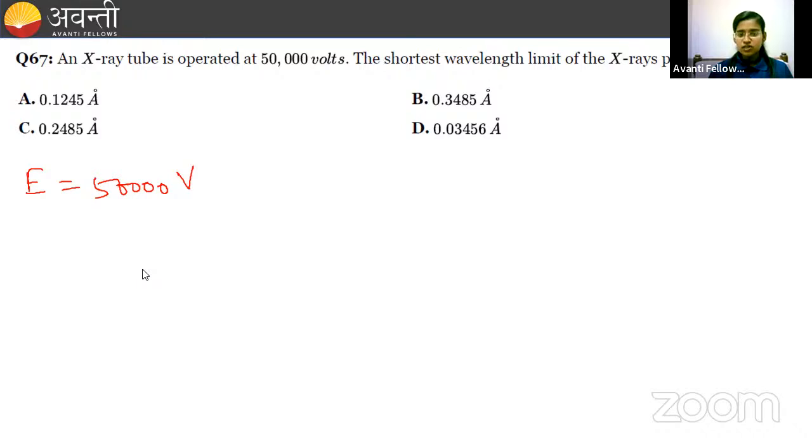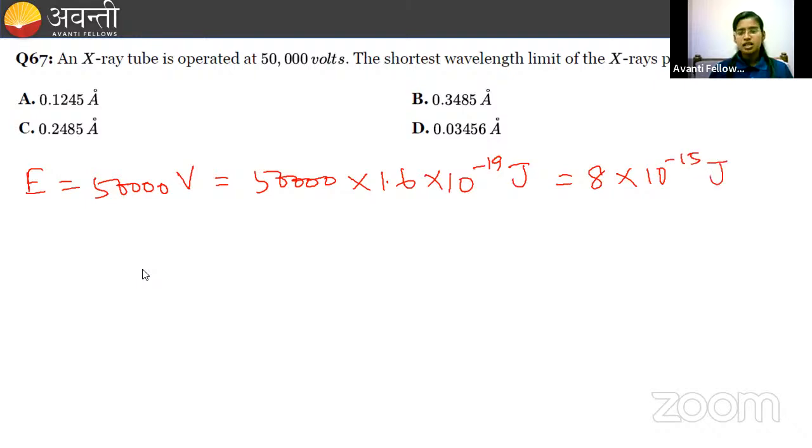We have to multiply by the number 1.6 into 10 to the power minus 19. So 50,000 into 1.6 into 10 to the power minus 19 joules will give 8 into 10 to the power minus 15. Okay. So this is the energy value.